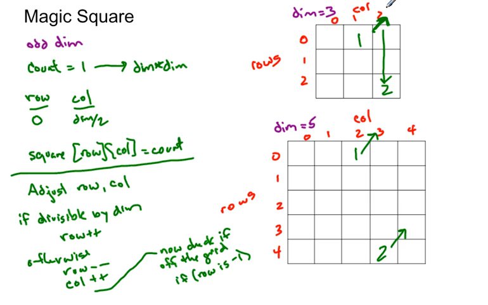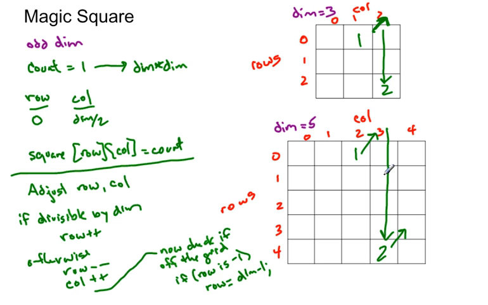I only changed my row. And what happened to my row? Well, it went down to row 2. Now what happened on this one? It went down to row 4. The bottom row, how is that related to dim? Oh, it's 1 less than dim. So now I can say that row equals dim minus 1.